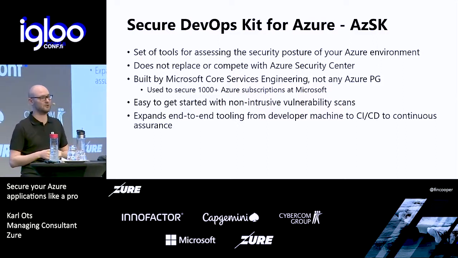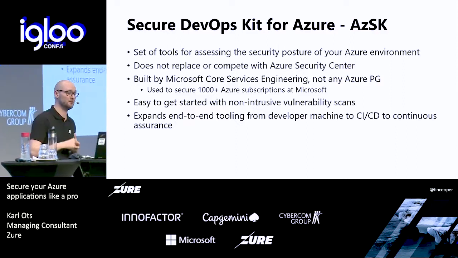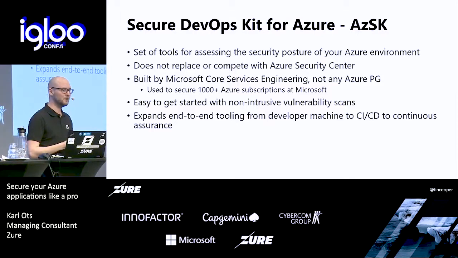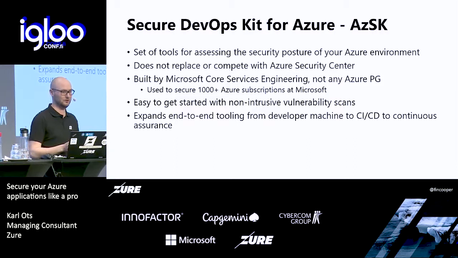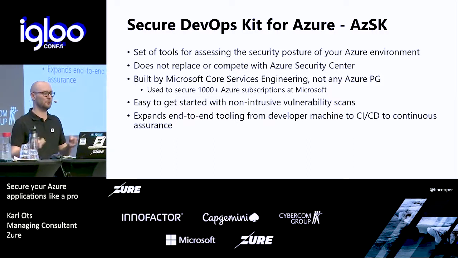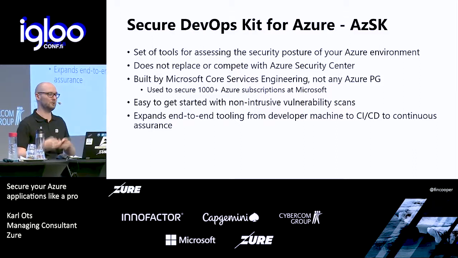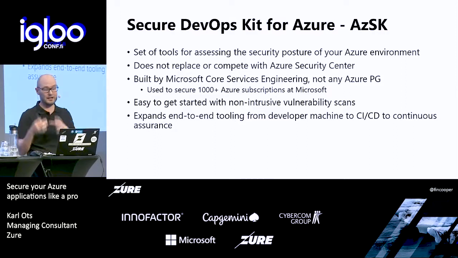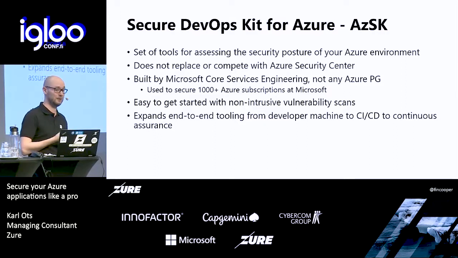And that's why Microsoft IT, or Microsoft Core Services Engineering, actually built this Secure DevOps Kit for Azure, or AzSK. So it's not a Microsoft Azure product group product, nothing like that. It's not part of Azure Security. It's actually just an open source piece of tooling that Microsoft themselves are using to secure and follow the security posture of their existing Azure applications.